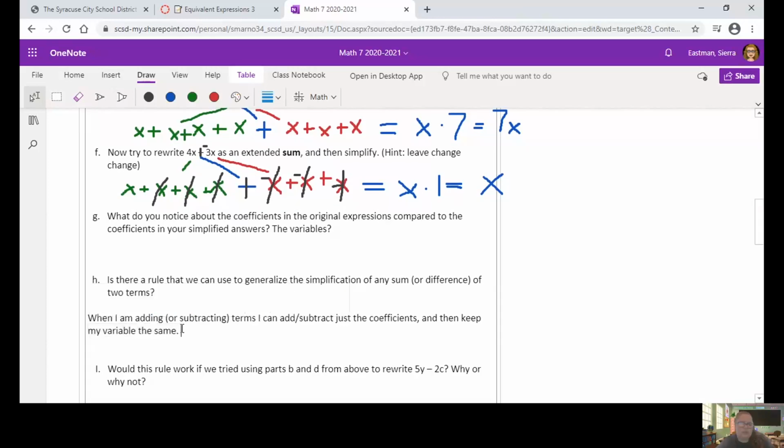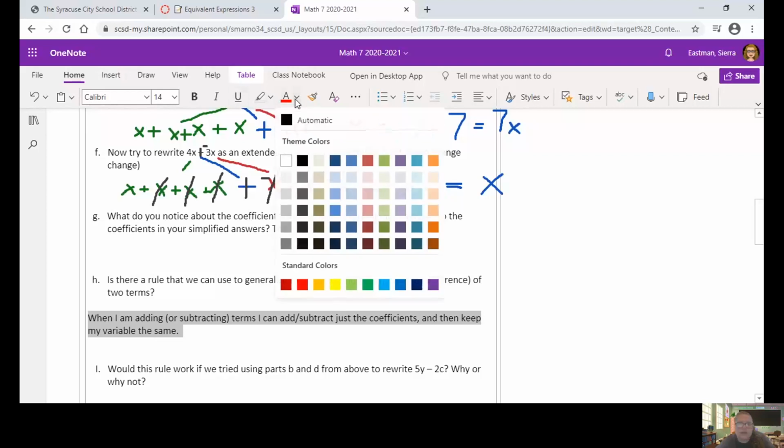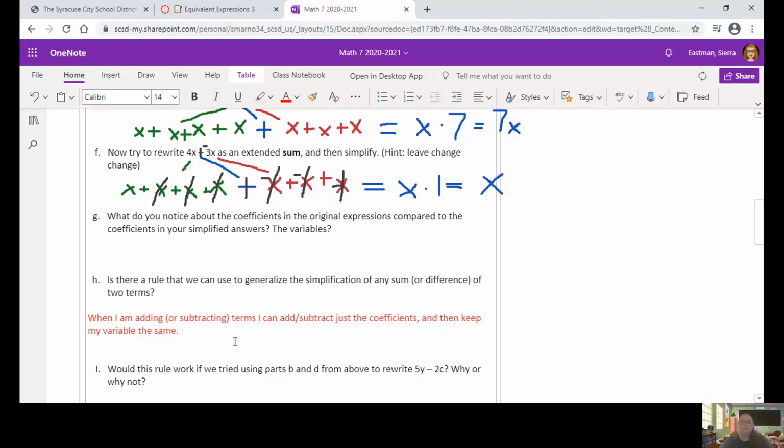I'm just going to change that color here to red so we can tell that it was notes that I added in. So take a second, copy that down. That's our rule that we can use. No matter what terms I'm adding or subtracting, I can add or subtract using leave, change, just the coefficients, and then we keep the variable the same. Okay.